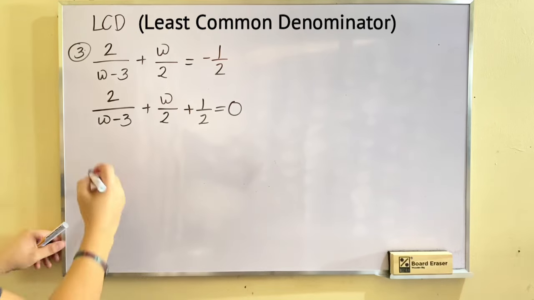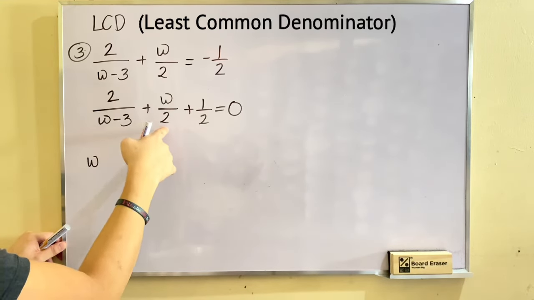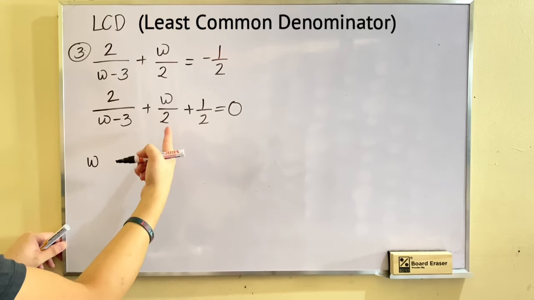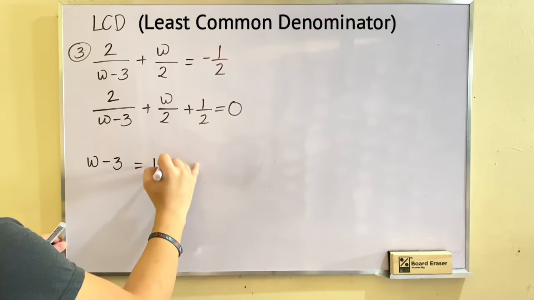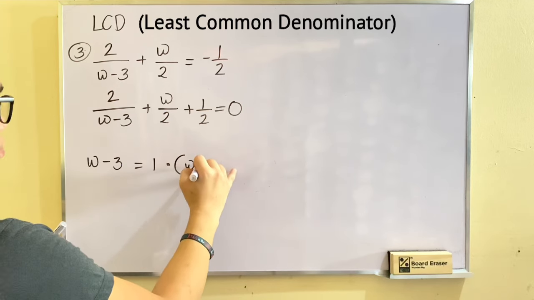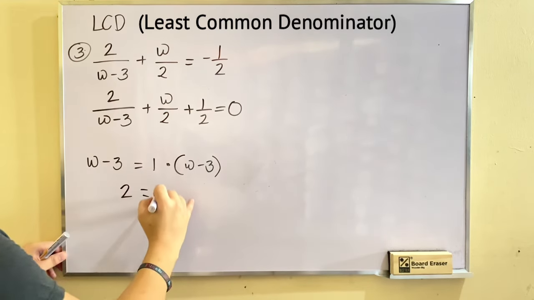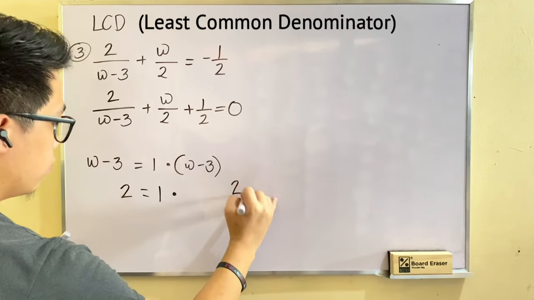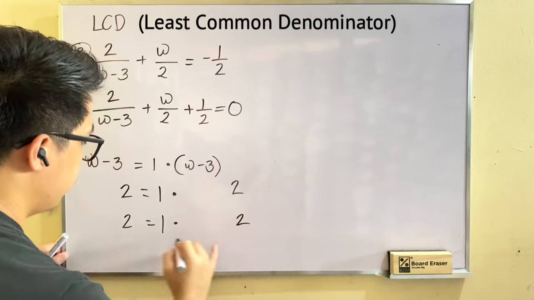So, same process, hanapin natin ang LCD through finding the factors of W minus 3 and then 2. W minus 3, so siya is 1 times W minus 3. And then yung 2 is 1 times 2 and another 2, 1 times 2.